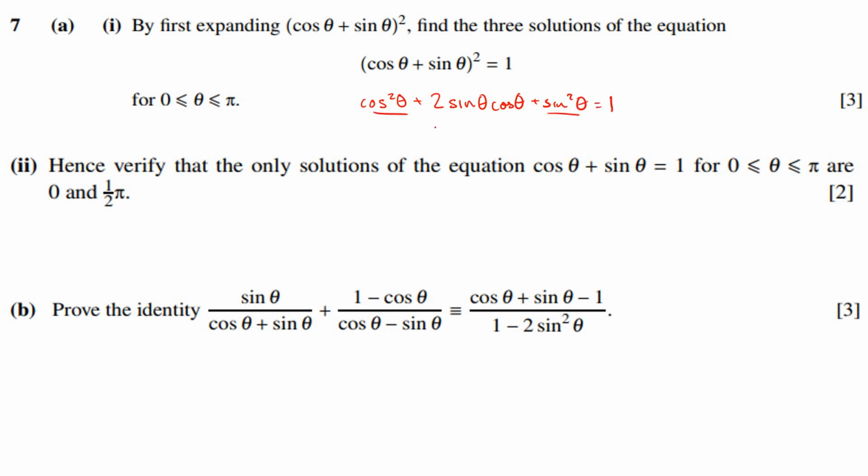These add up to 1 as well, so that'll mean that 2 sine theta cos theta must have been 0, meaning that the solution set 1 will be if sine theta equals 0, and solution set 2 will be if cos theta equals 0. All right, inverse those, okay, and then cast it as you need to.